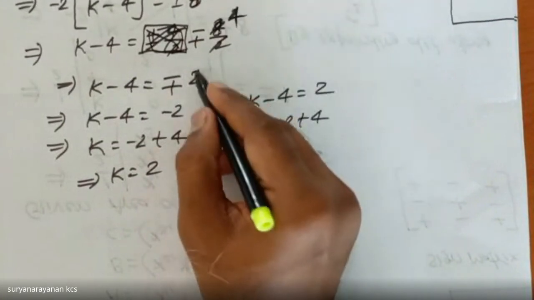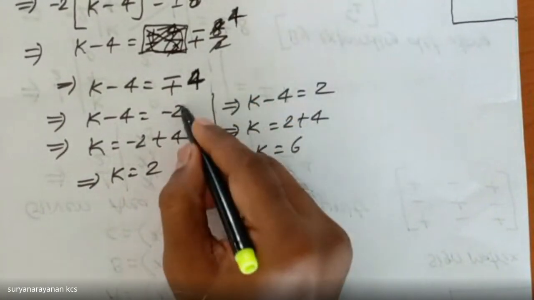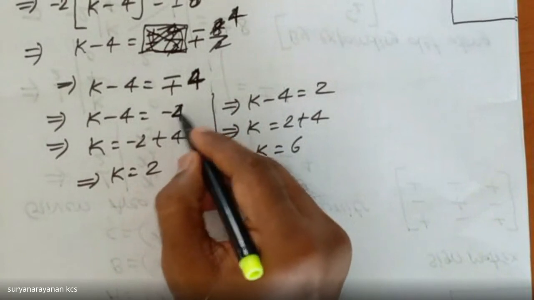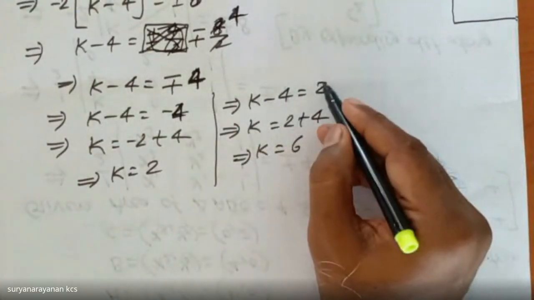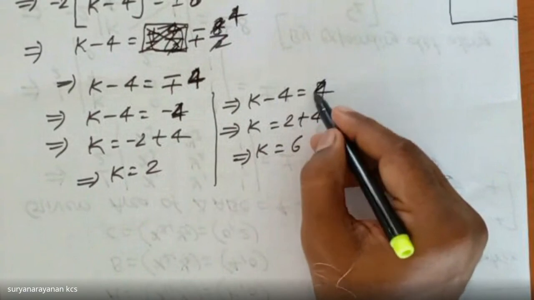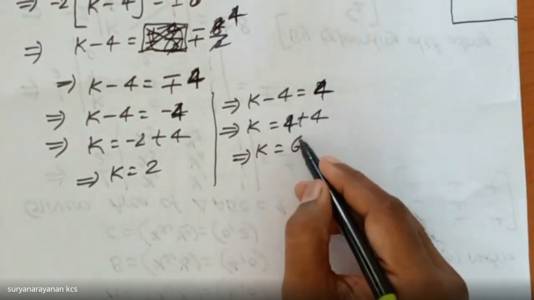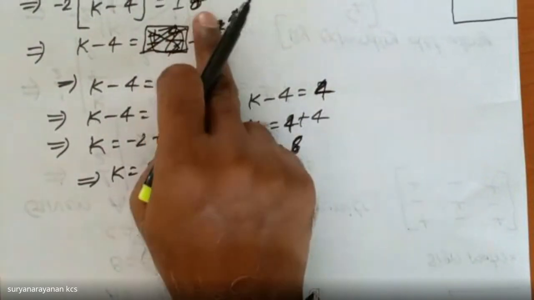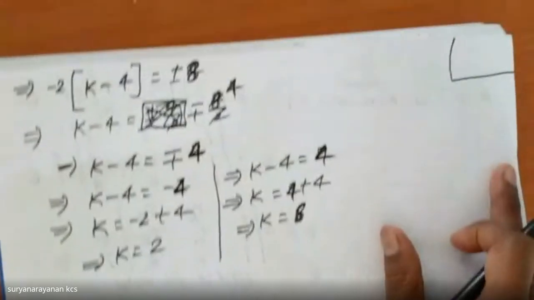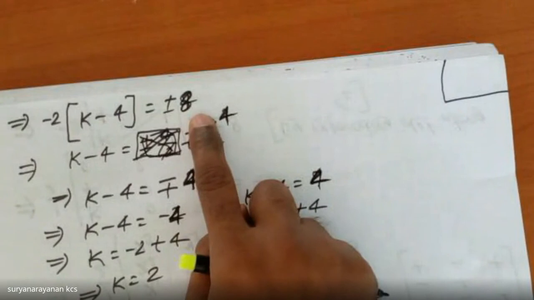Here we have to take minus 8, here we have to take plus 8. In this step, I made a mistake. In the previous step, I wrote 4.